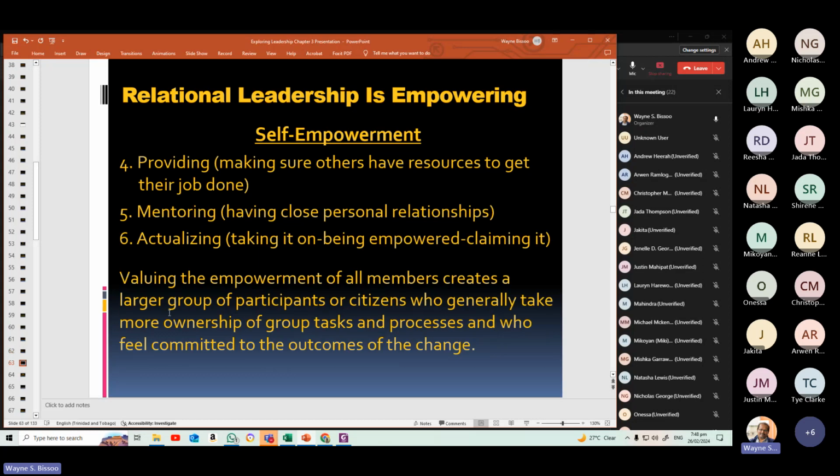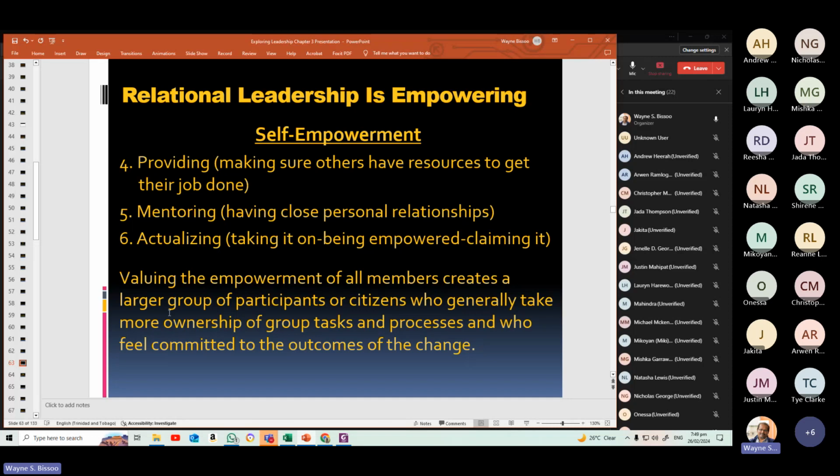Now, providing opportunities for others to do that, making sure that you have resources available to make sure that other people get their job done, mentoring the people around you to help them understand themselves better and so on, and actualization, taking on the opportunities and taking charge of them. That's how you're going to do your self-empowerment elements.